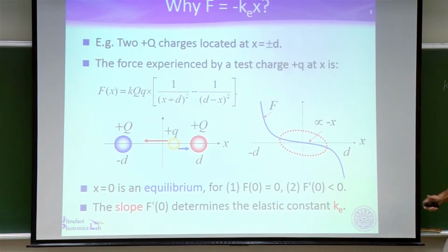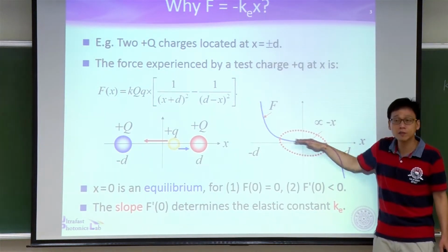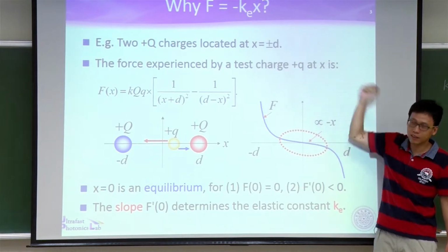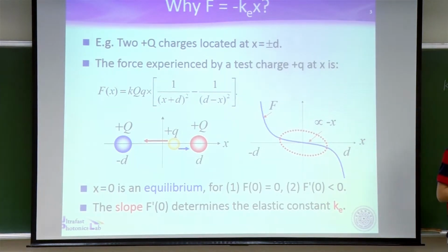So you can just calculate the derivative, then you can calculate the elastic constant Ke. Simply speaking, around any equilibrium position, there is a Hooke's constant. You can get the constant in this way, like on the previous page. Okay, you can have an elastic constant.